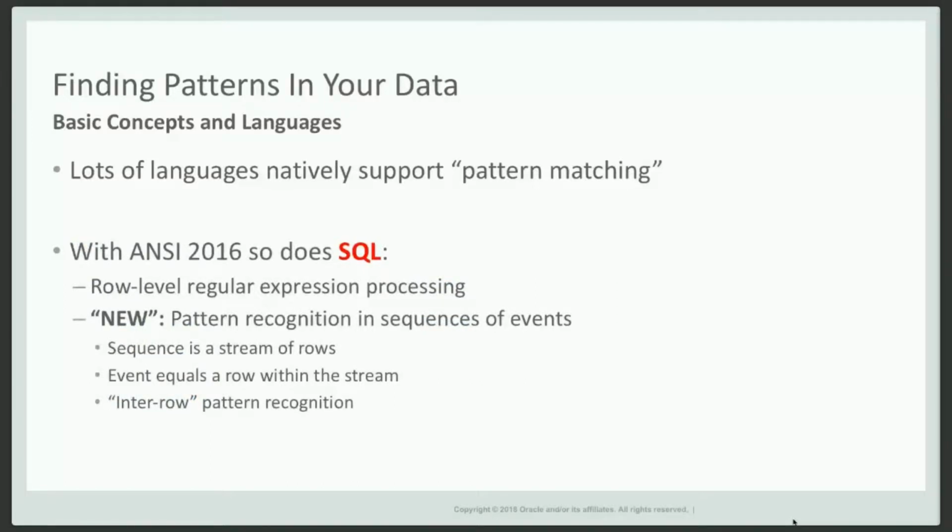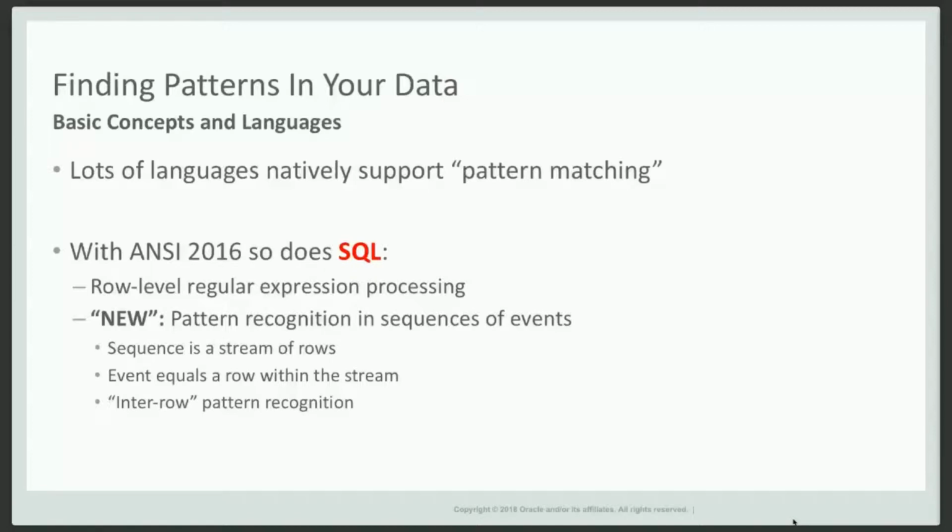They all natively support pattern matching, but what we've actually done is, as part of ANSI 2016, there was an addition to the SQL code which allows you to do row-level group processing. We already had regular expressions, which most of you are probably aware of. We had those in the database, but they're row-level processing tied to a specific column that you're working on.